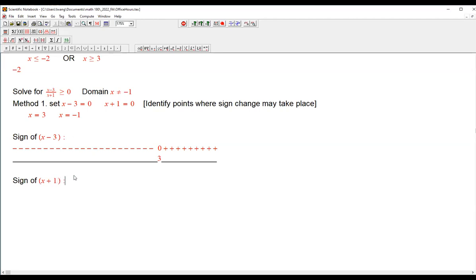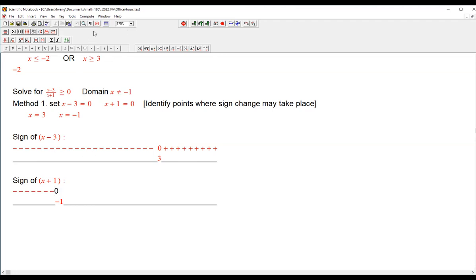Okay, x plus 1. For that one, we're going to set up a number line. At -1, there's a sign change. But at -1, the function is undefined. So we're going to have a negative for less than -1, and this one is going to be 0.